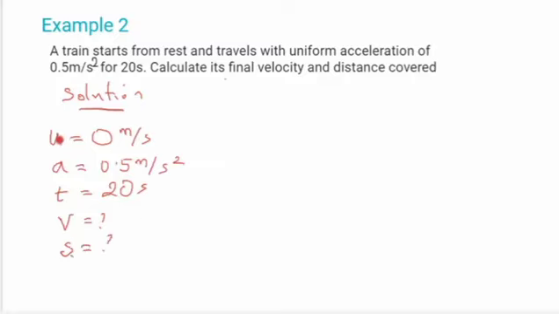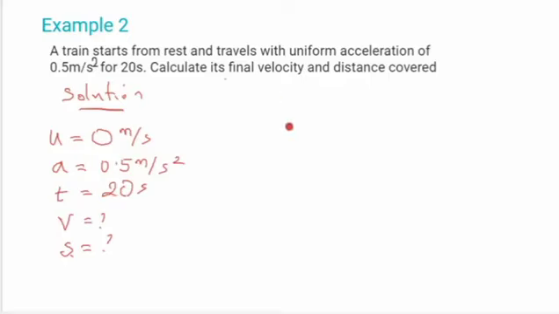To know the equation to use to solve this problem, we'll look at the equations of motion that have U, A, T, and V, so we can find the value of V.